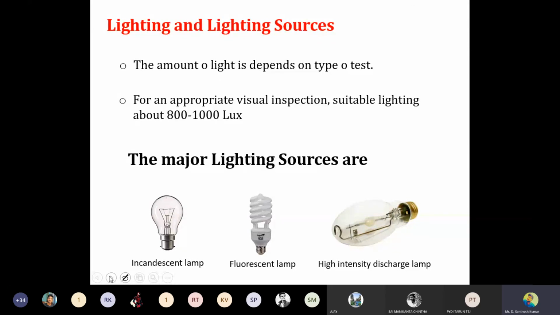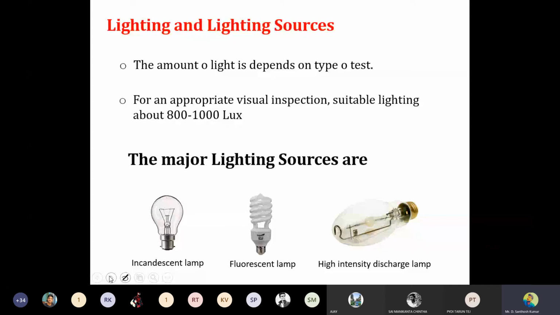With the help of these lamps, you can easily detect. It always depends upon the lighting source and all these things. It depends upon what type of defect is there. Majorly, if there are very micro size defects, it is difficult to identify them with incandescent lamps. So that's why we have to go for high intensity discharge lamps.